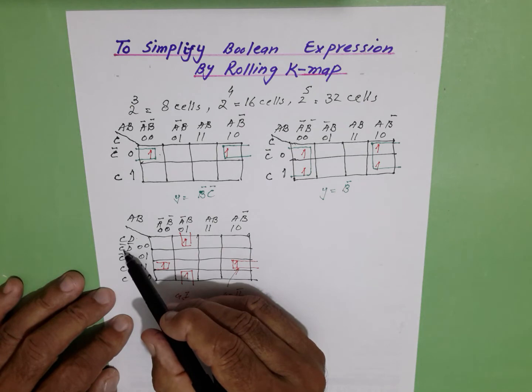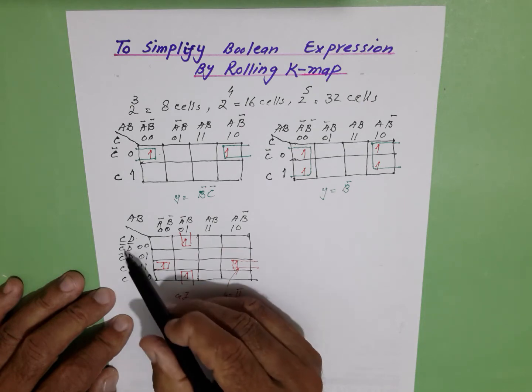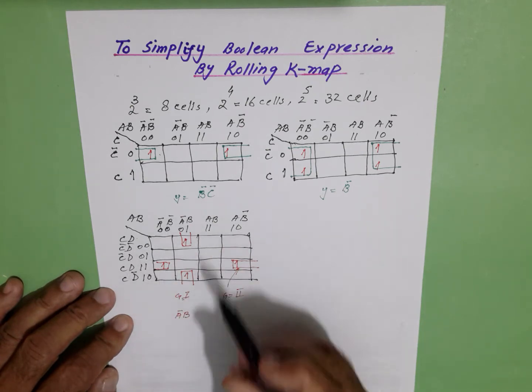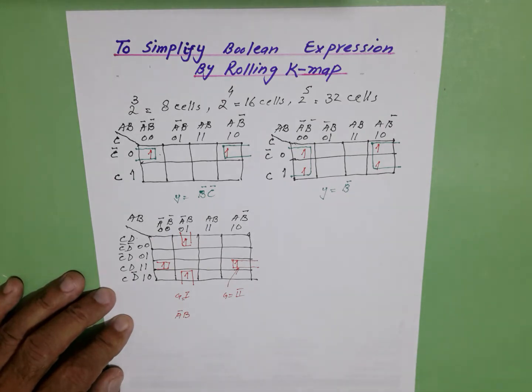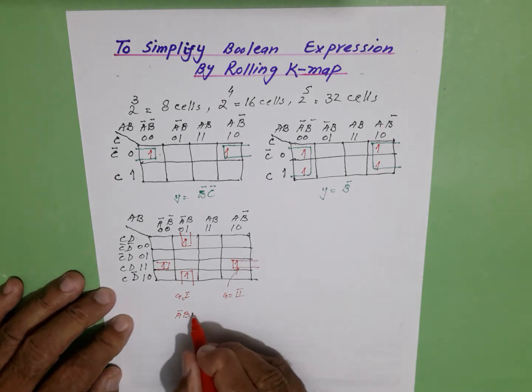It is C bar D bar, it is C D bar. C is changing but D bar is constant, therefore we will write D bar.